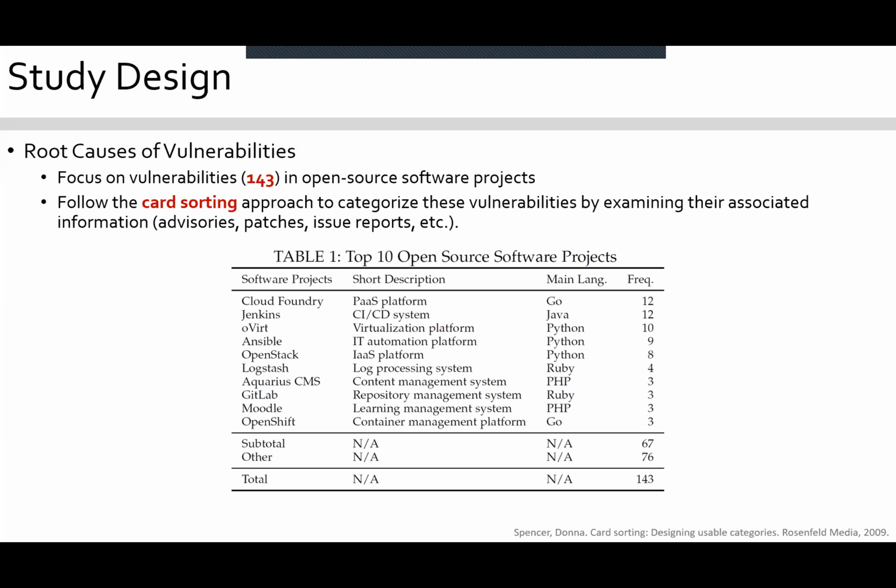To determine the root causes of these vulnerabilities, we follow the card sorting approach to categorize them by examining their associated information, such as advisories, patches, and issue reports.